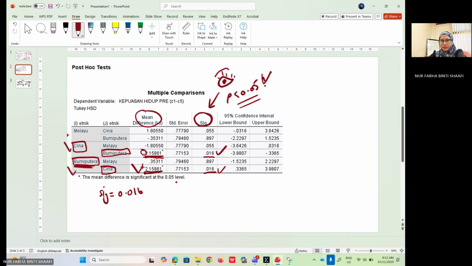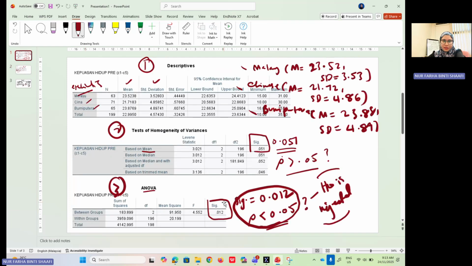That's all. Easy. So this is the post hoc test table where you can see which ethnicities have the differences, as stated from the ANOVA table previously. I repeat, the ANOVA table says there is a significant difference because you reject your null hypothesis, but it says only between the groups.